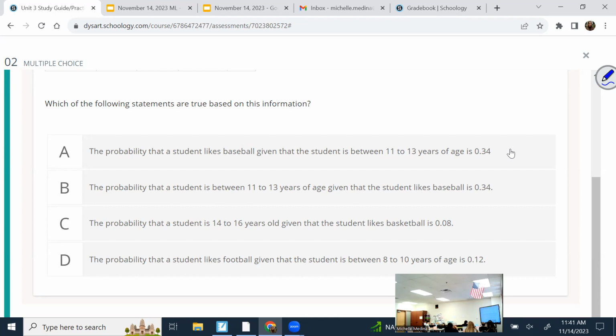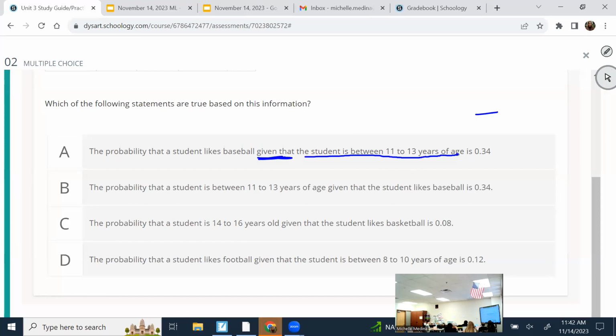So anytime it says things like given that, or among those, or out of, whatever follows that is going to be your denominator. So we're saying basically out of the students that are between 11 to 13 years old.